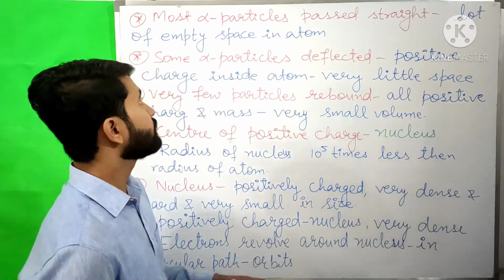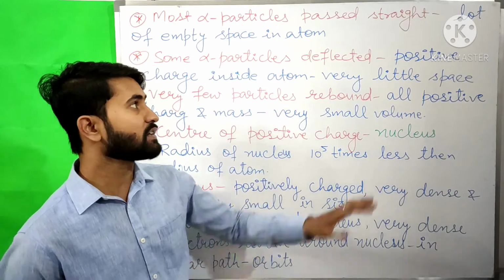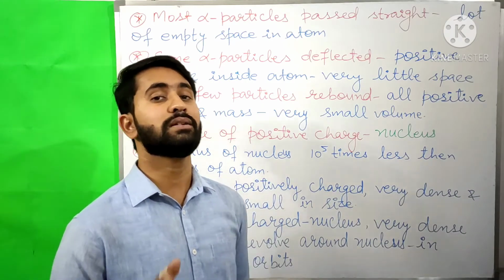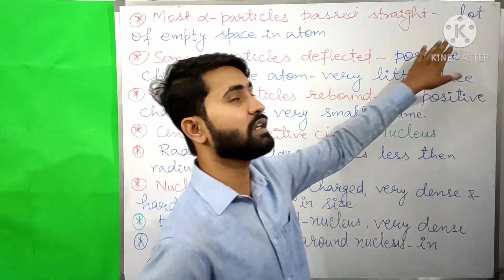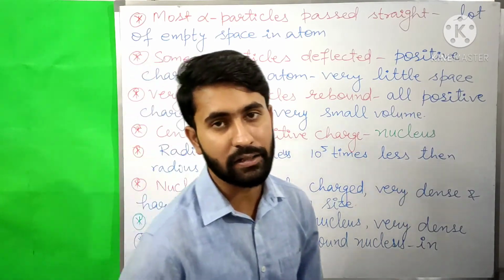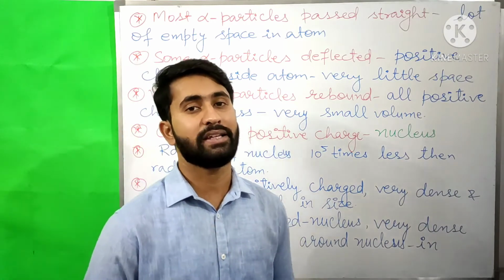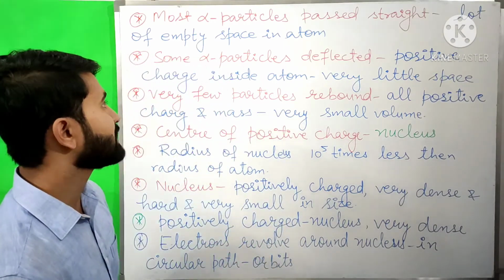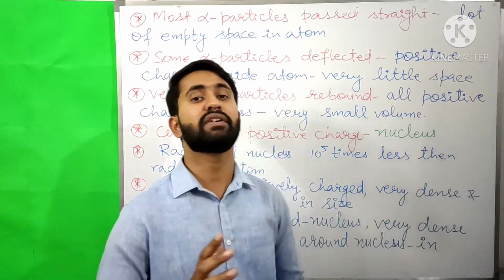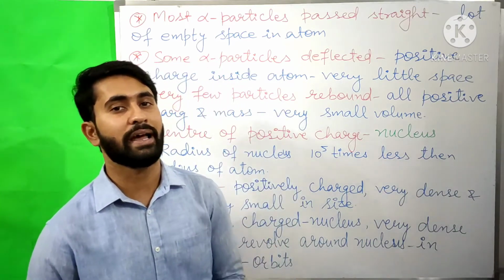Since most of the alpha particles passed in a straight path without getting deflected, it means that there is a lot of empty space in an atom. We know that like charges repel each other. So in the experiment, some of the alpha particles were deflected from their path by small angles.